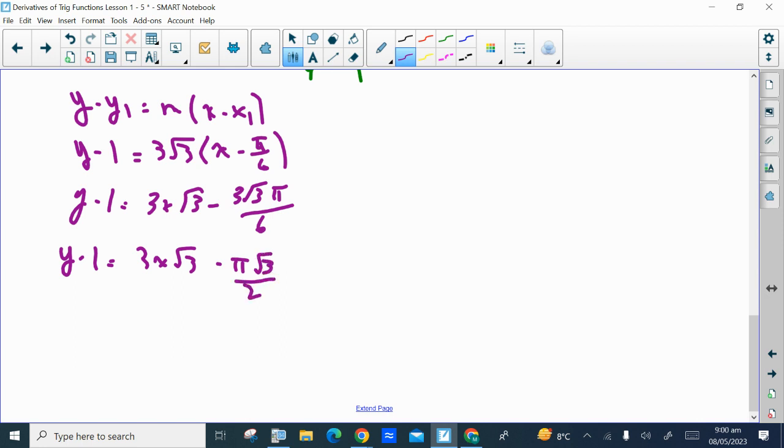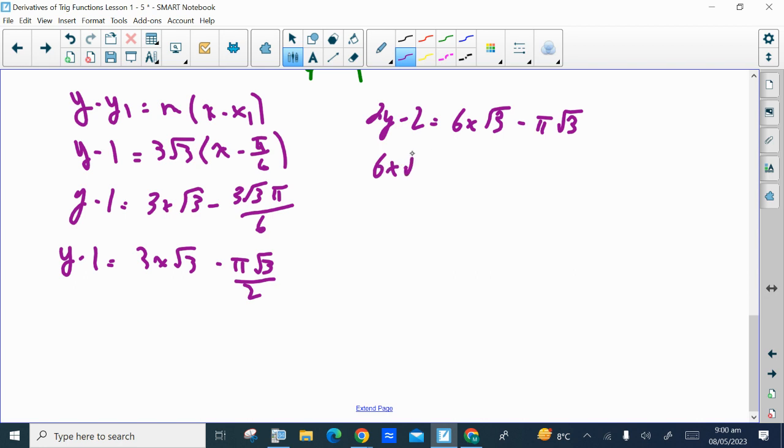If we multiply all the terms by 2 to get rid of the denominator, we'll get 2y minus 2 equals 6x root 3 minus pi root 3. And if we write it in general form, we would bring all the terms from the left over to the right.